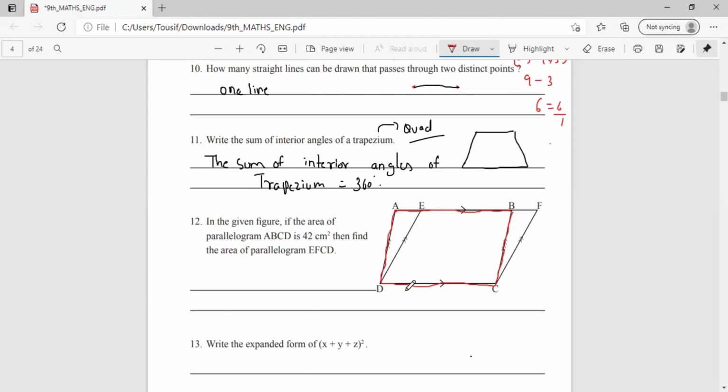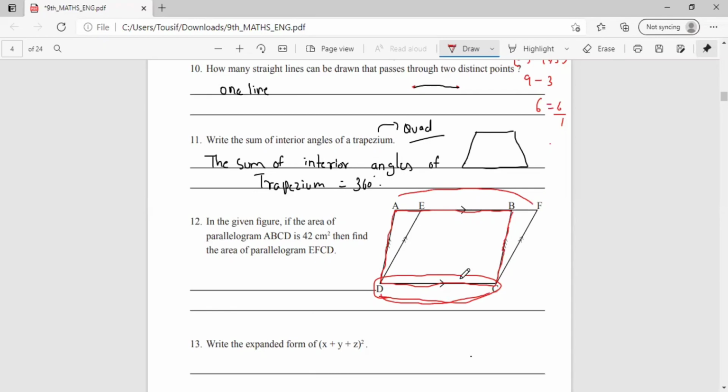They both lie on the same base. Which is the same base? CD is the same base, and the same parallel lines are AF and DC, between which these two parallelograms lie.